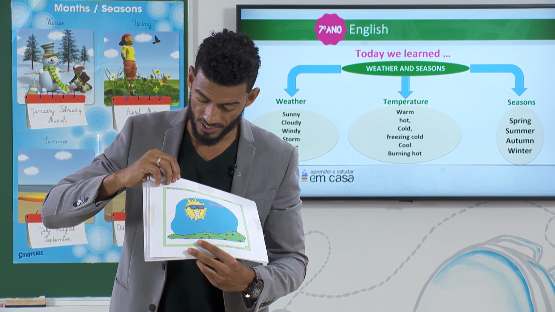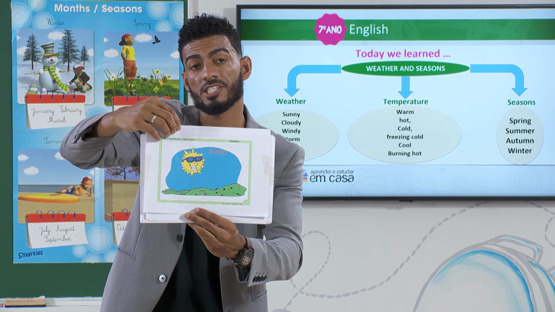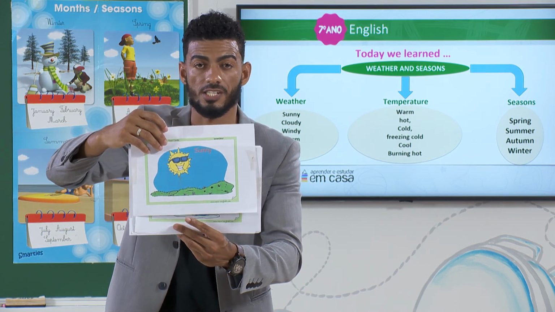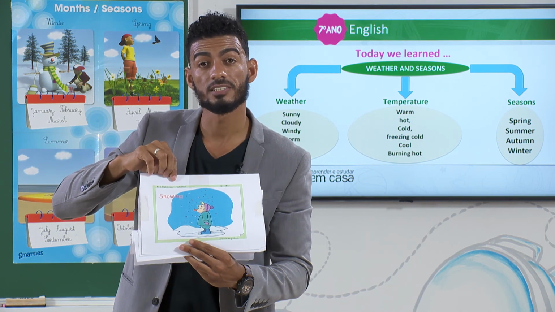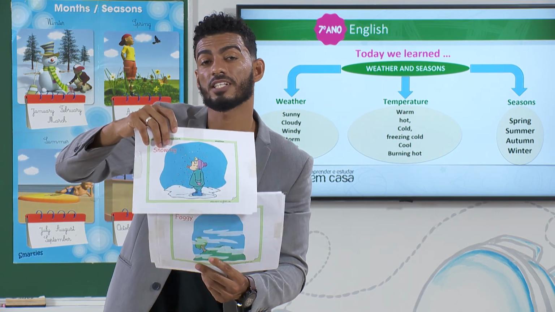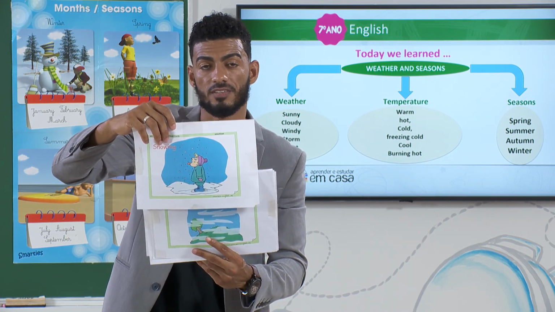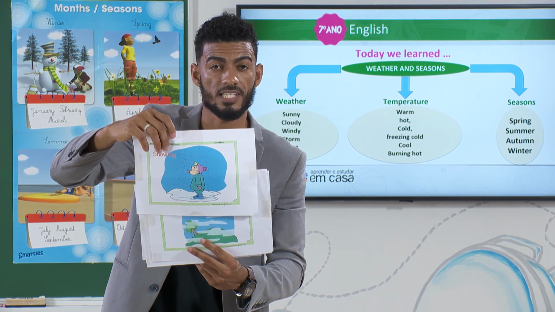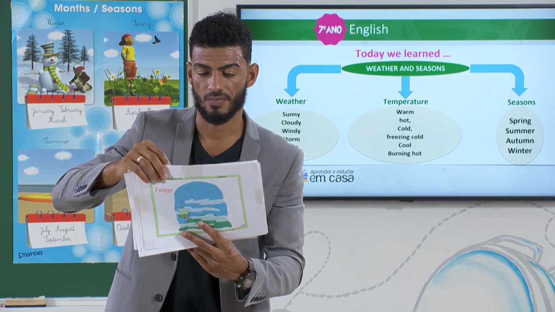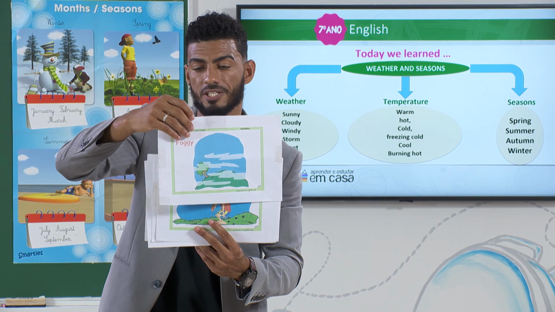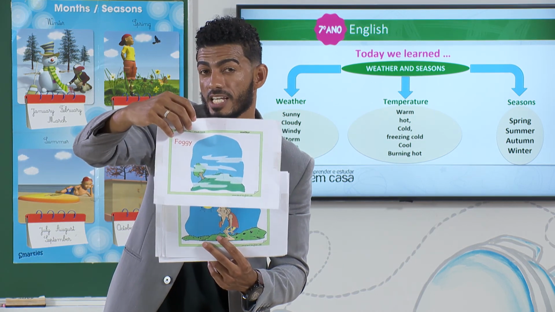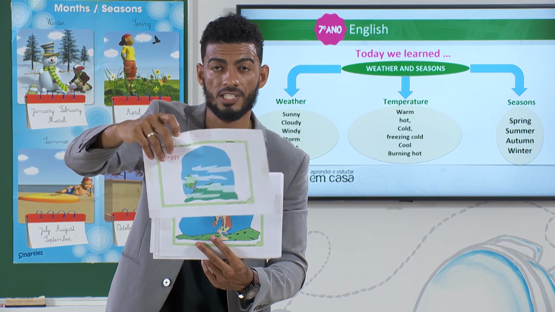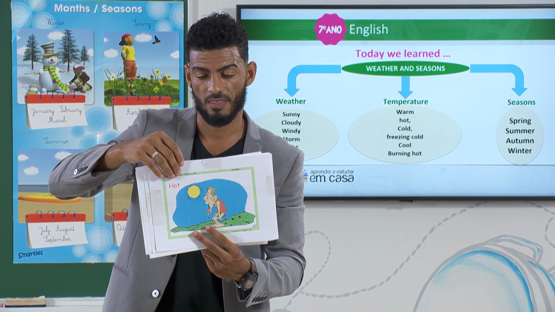Then the weather is sunny. Next one, we say that the weather is snowing. Can you repeat? Snowing. Then we can say that the weather is, how do you say it? Foggy. The weather is foggy.